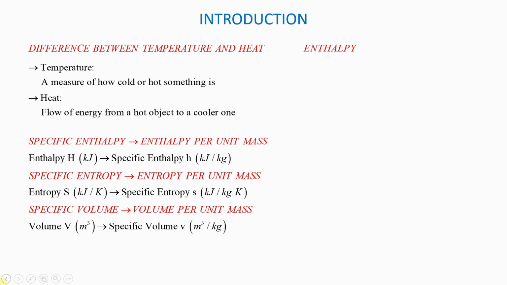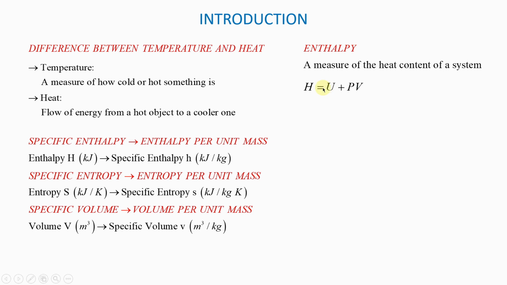Let us now look at enthalpy. What is enthalpy? Enthalpy is basically a measure of the heat content of a system. So if you take all the heat content of a system, that is what enthalpy is. The equation for enthalpy is given by this: H, which represents enthalpy, is equal to U plus the product of P and V. What is U?